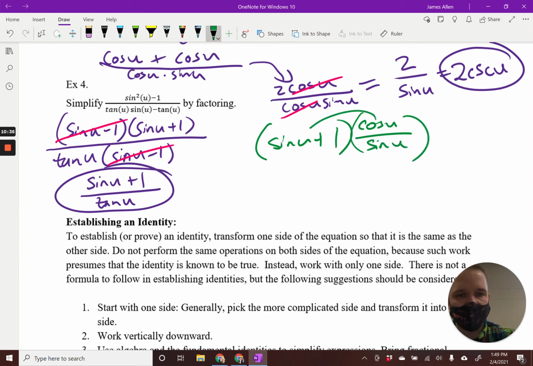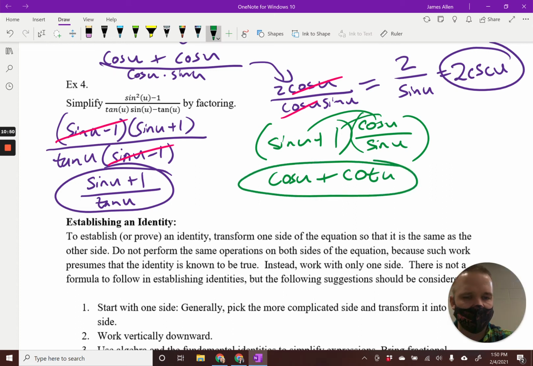And if I were to distribute that in, I'd have cosine of u over sine of u times sine of u, your sines would cancel, leaving you with cosine of u, plus, and then you'd have cosine over sine, which is cotangent of u. So I would say that would be another acceptable form. It does get rid of the fraction, which is nice. Either one, we'd accept either one in this case.